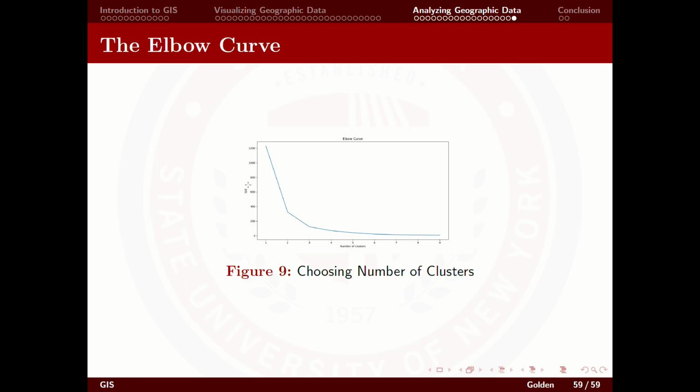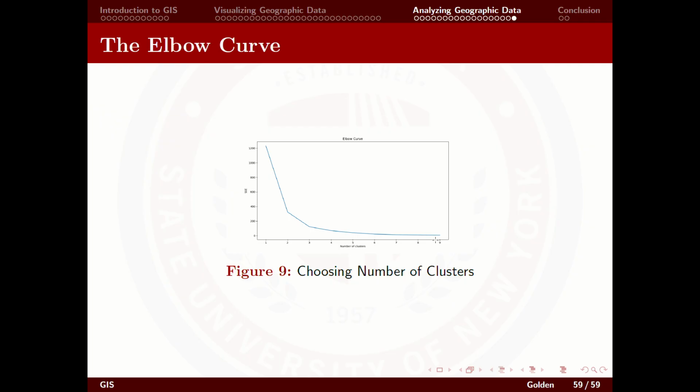Learn from my example. This y-axis is the sum of squared errors. This x-axis is the number of clusters. This is decreasing in the number of clusters, and eventually it gets to a point where there's a limited decrease. Remember, it's decreasing because this is what you're minimizing. So the algorithm can always do more with more clusters in terms of minimizing sum of squared errors, because it could always create 3 clusters and then leave all the other ones out.